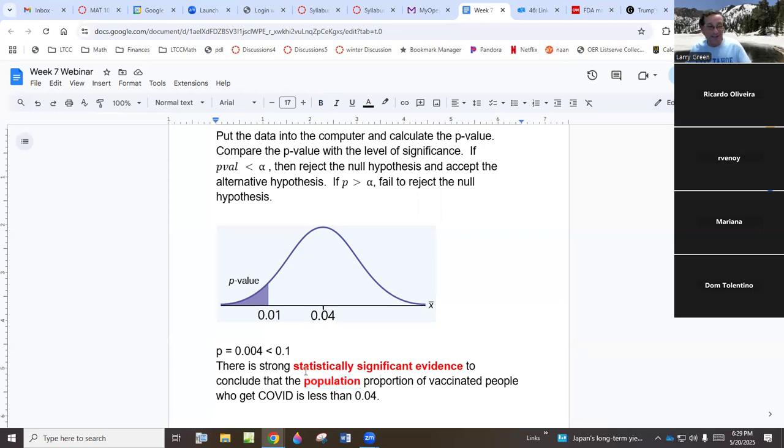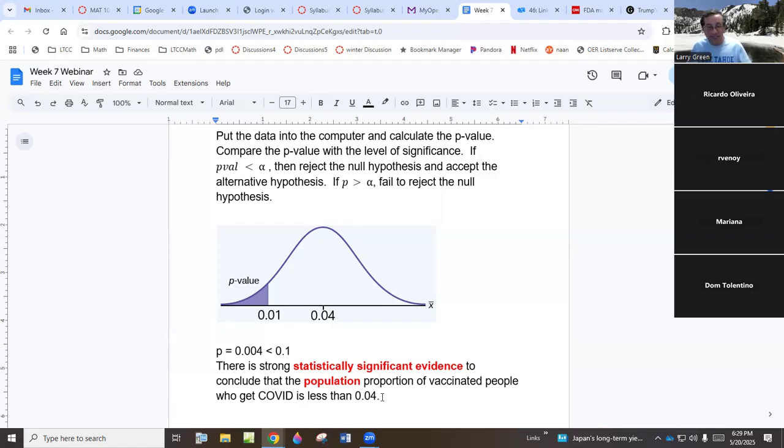What happened is that because they found strong statistically significant evidence to conclude the population proportion of vaccinated people who get COVID is less than the 4%, which is the percent of regular people who got COVID, the FDA approved the drug. That is a requirement of the FDA. So that's what you have to do to get a drug approved.